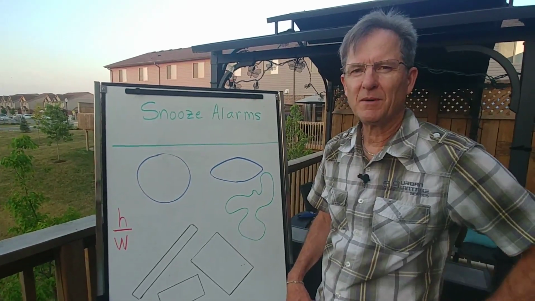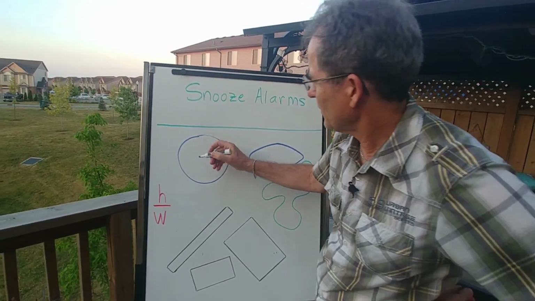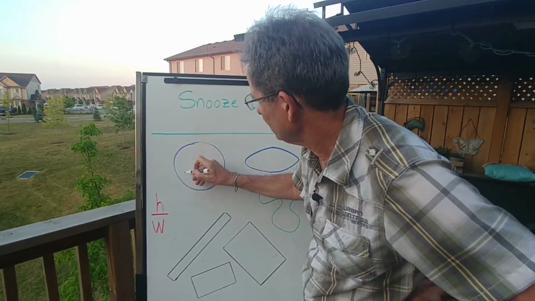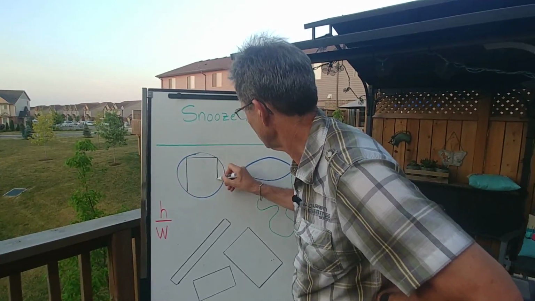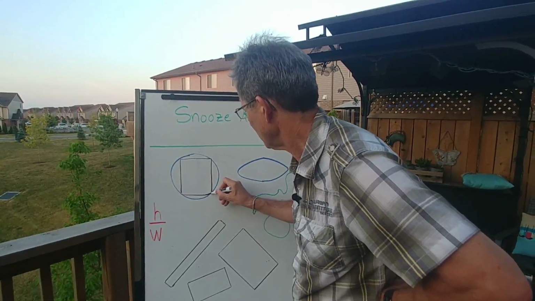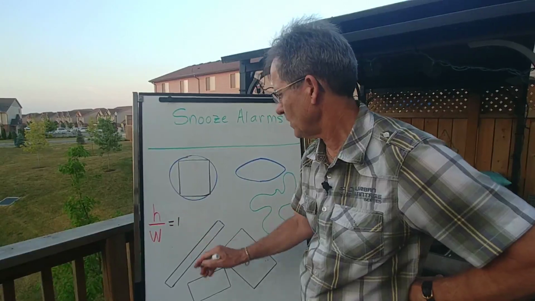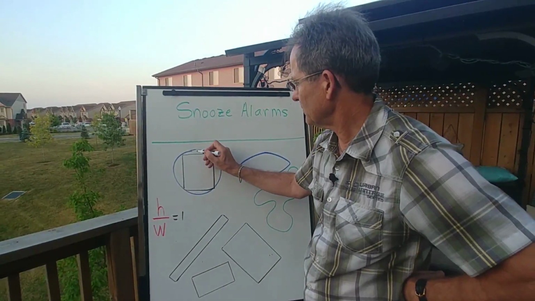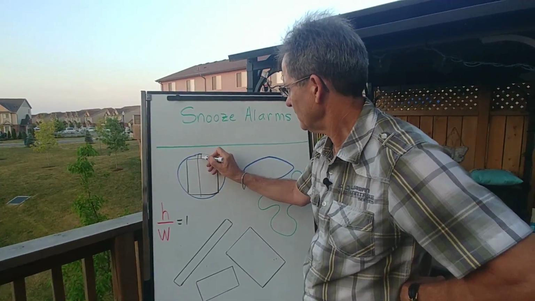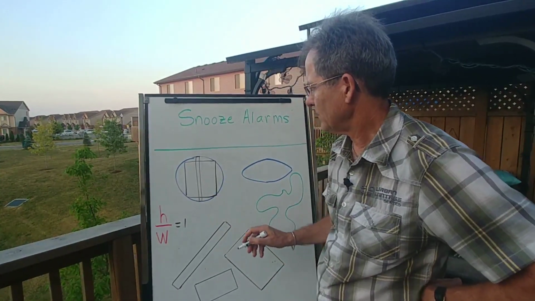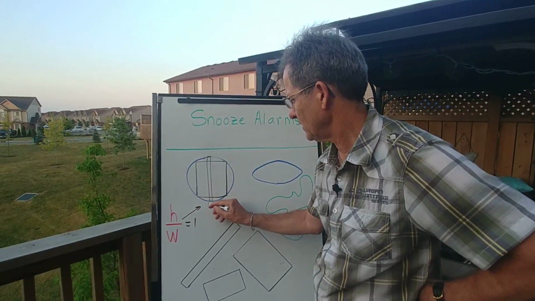But today what I want to talk about is shapes in which you can draw, for example, a square where the ratio of the height to the width of that square is equal to 1. If you modify it to get a rectangle, such as that, you can make it narrower and narrower so that the ratio goes to infinity.